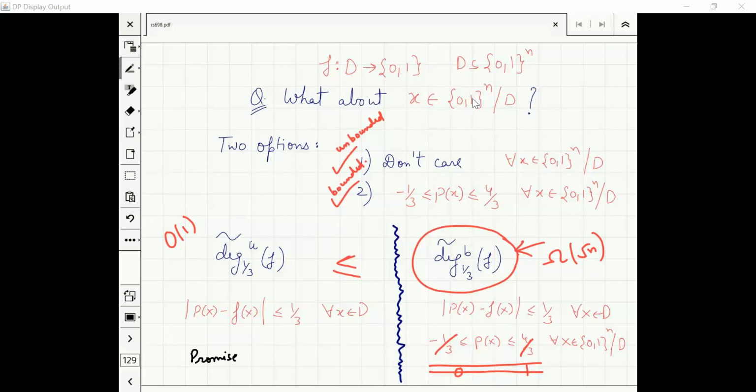I just want to be correct on Hamming weight 0 or Hamming weight 1. x1 plus x2 plus up to xn. Exactly. Actually, this does not give any error at all. The unbounded approximate degree, even with zero error, is just order of 1. It is actually 1. Leave alone order of, it is exactly 1.